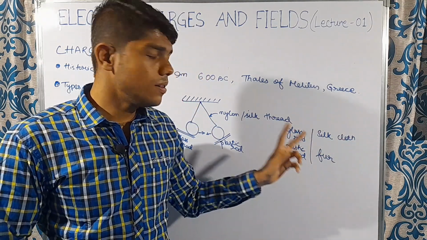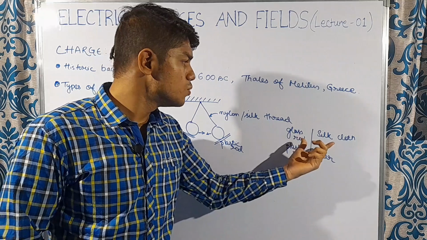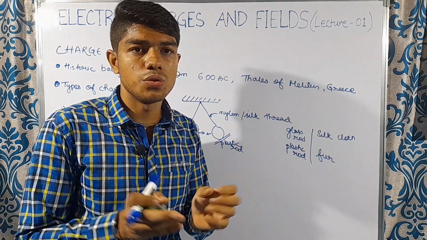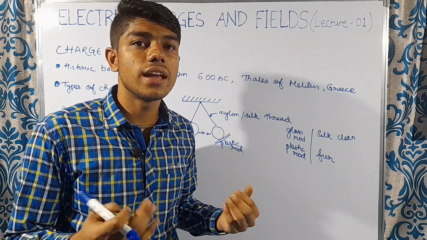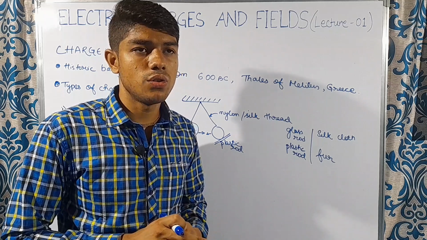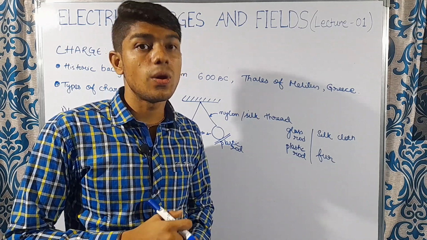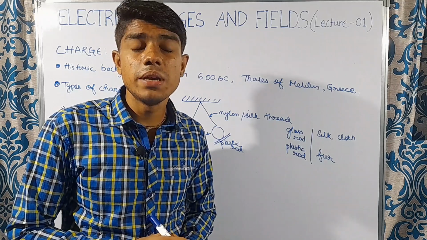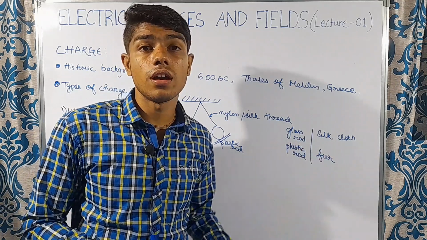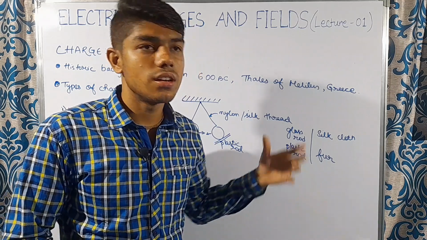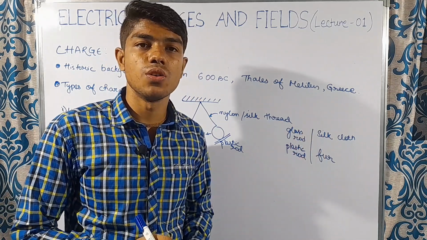And when these two materials, after they are charged, are brought closer to each other, you will see that they are getting attracted. And if you bring them in contact, they will lose the ability to attract each other, which means that the charges they acquired got neutralized. Okay, the net charge in both the bodies has become zero once again.